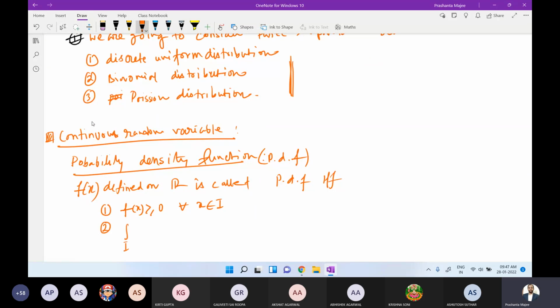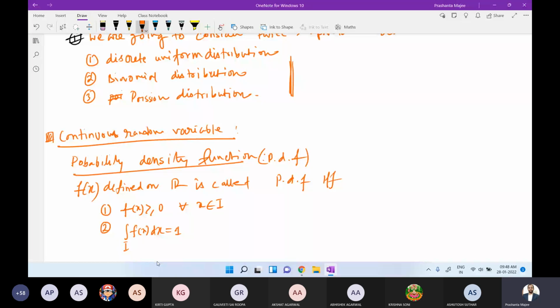Integration over I of f of x dx should be 1. The total area bounded by that curve and the interval should be equal to 1. If these two conditions are satisfied, then that function is called the probability density function of the random variable.